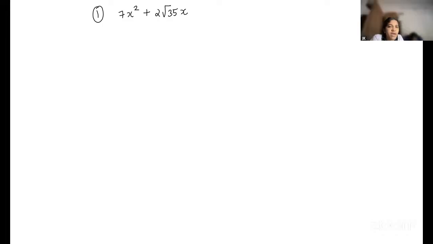The first question, I think: 7x square plus 2 root 35x plus 5 equal to 0. Okay. So you now unmute your mic, okay? Don't mute your mic.